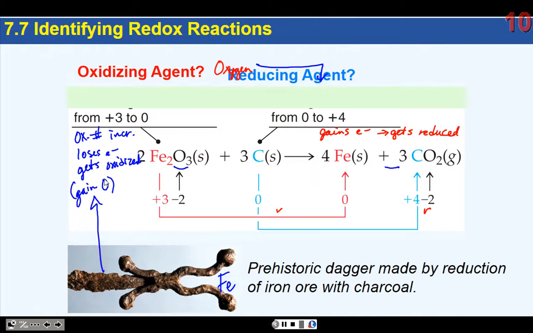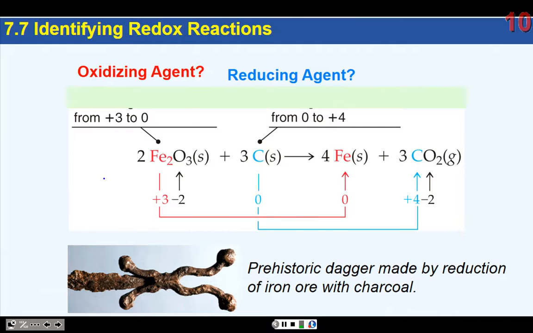Let's try another example. How about the iron 3 oxide combining with carbon to return elemental iron, and carbon dioxide is left over. So here we have to think about oxidizing and reducing agents again. The iron is going from 3 to 0.